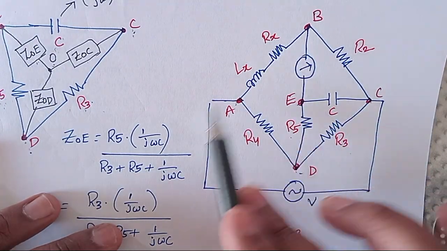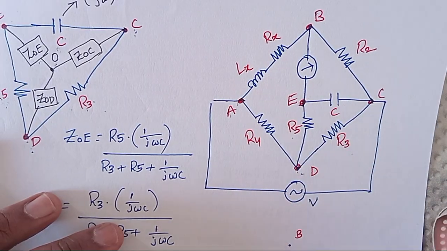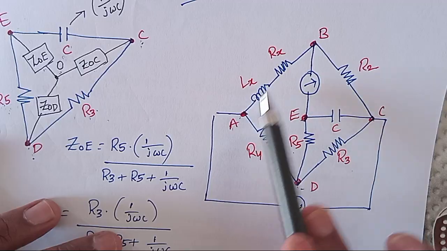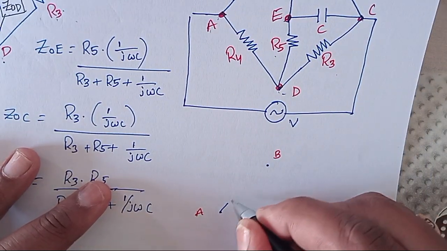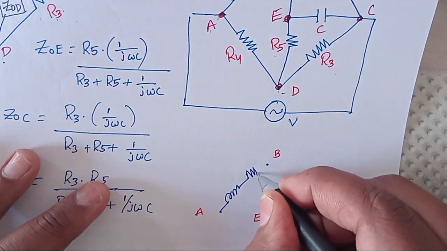Between A and B there is no modification, so I'm writing as usual. Between A and B, the same components L and R in series, so I'm giving L and R here. No modification between A and B.